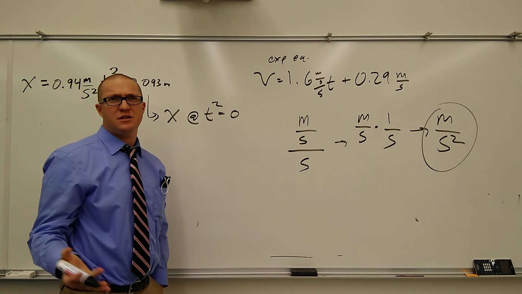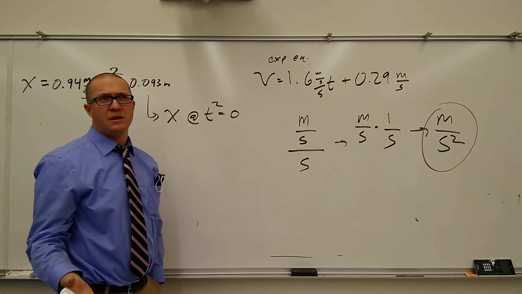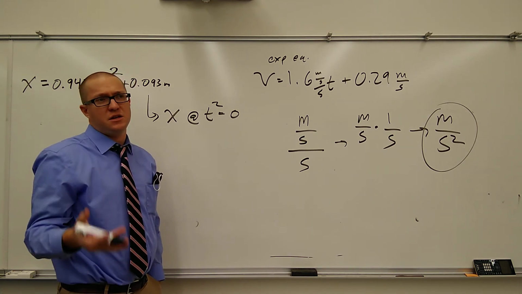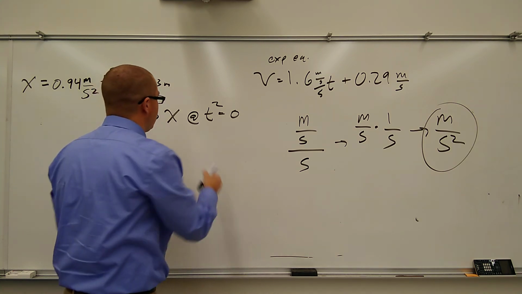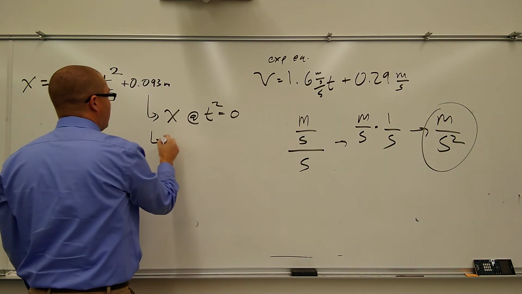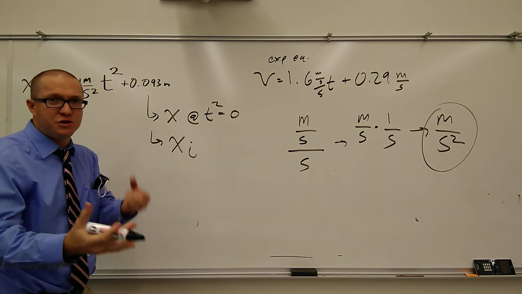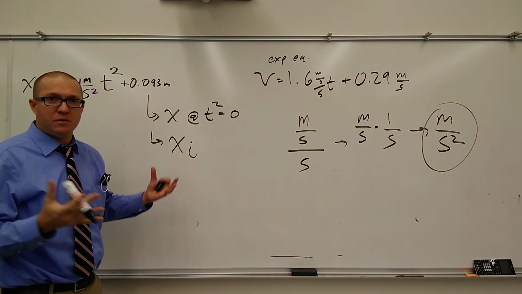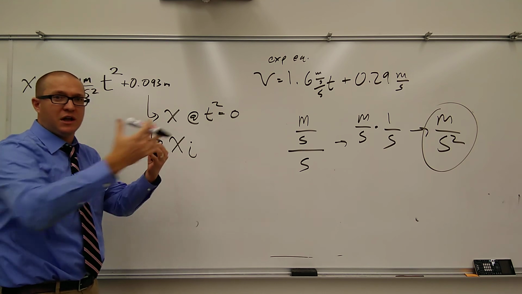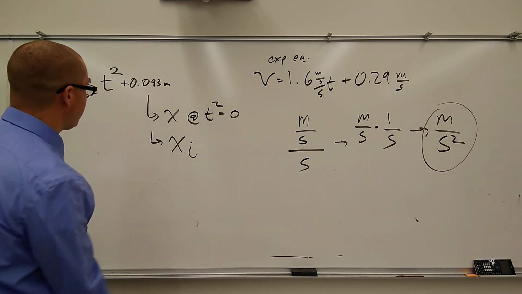And I guess t squared equal to 0 would mean that t is 0, right? So that is what we call our initial position. Great. That's usually what the y-intercept of these equations is. It's initial position, initial velocity, initial whatever it is we're working with.